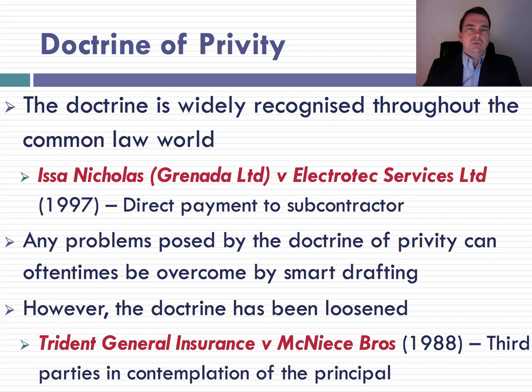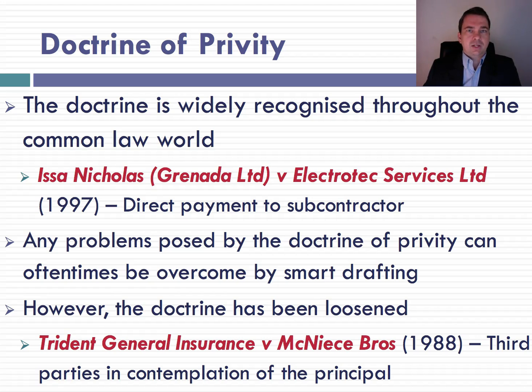Now, what we also note is that the doctrine of privity has been loosened in part. For instance, in the case of Trident General Insurance and McNeice Brothers, there was again a situation where Trident General Insurance had a contract with a main contractor who was not a party to this case. So that was the first contract.